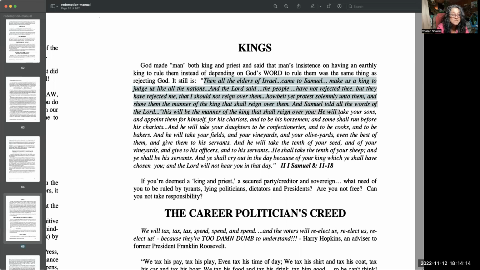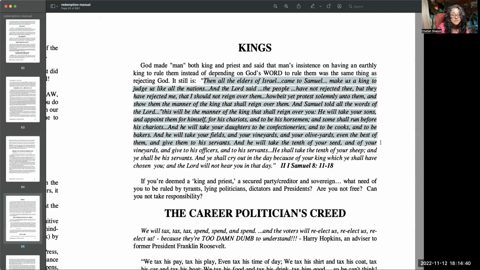He will take your sons and appoint them for himself, for his chariots, and to be his horsemen, and some shall run before his chariots. And he will take your daughters to be confectionaries, and to be cooks, and to be bakers. And he will take your fields, and your vineyards, and your olive yards, even the best of them, and give them to his servants.